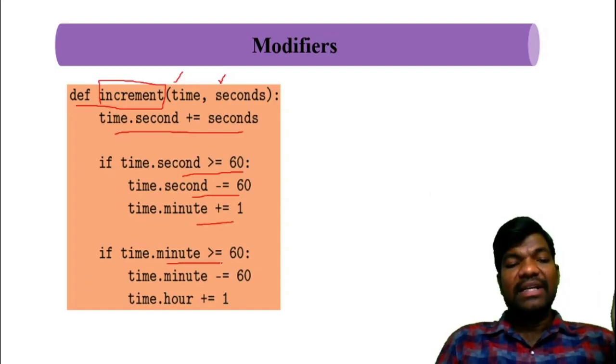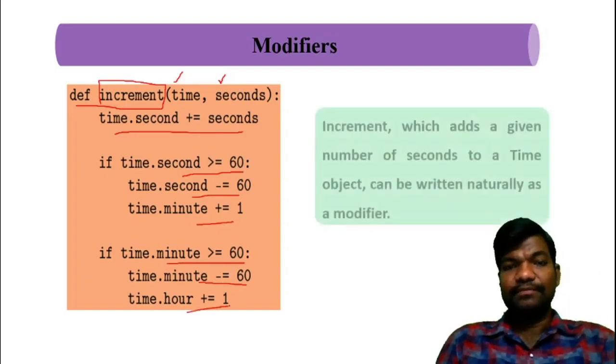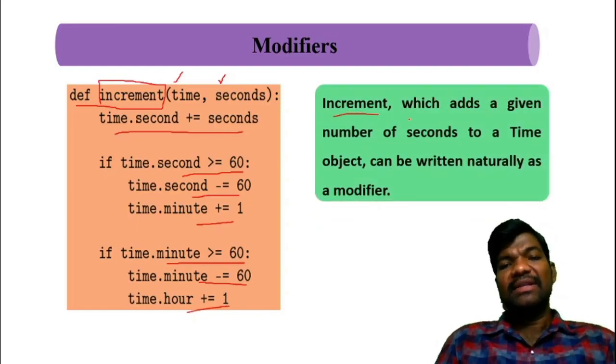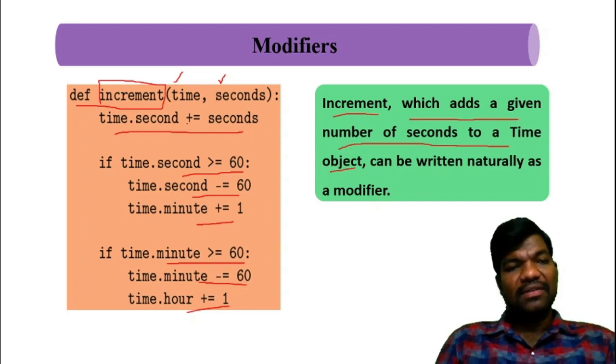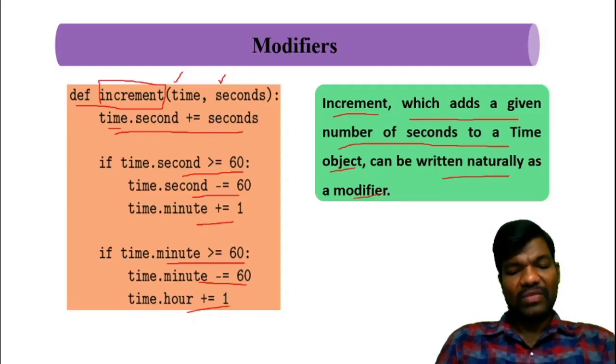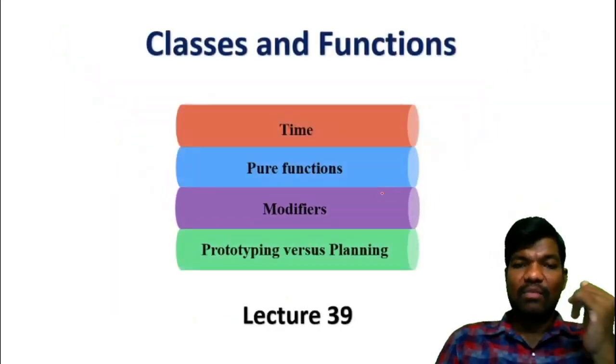If the minute is greater than or equal to 60, decrease the minute, increase the hour, right? So increment means we are adding the given number of seconds to the time object. So we are adding the seconds to the time object, which is literally a modifier, right? So that's the concept of modifiers.